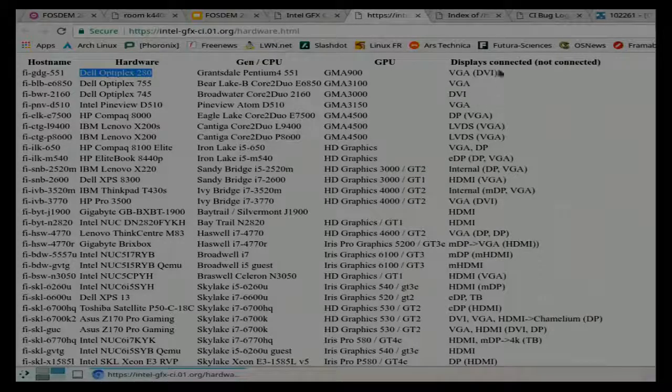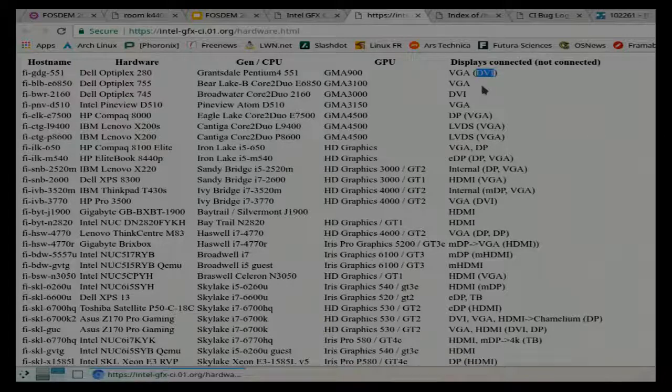For instance, on the first one, DVI is not connected. But if a developer is interested in testing DVI because he or she has a reason to believe that it may be more problematic than anything else, then we can get a request to connect it, so we don't have to have as much communication as one would expect.